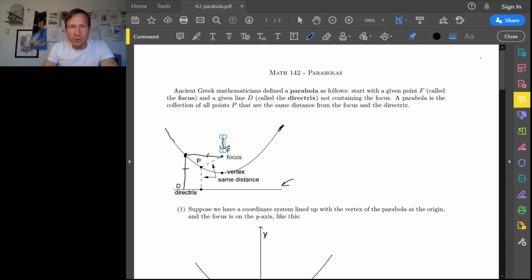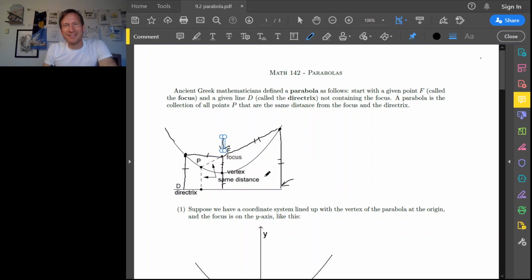Even if you choose a point way up here, the distances are different from what they were before, but for this point, these two distances to the directrix and the focus are the same. Even down here at the bottom point, which is called the vertex, the distance between the directrix and the focus is the same. So this is the original definition of a parabola according to the Greeks.